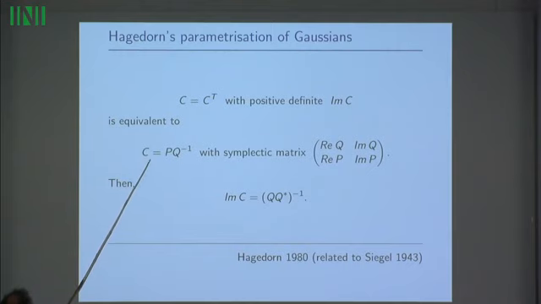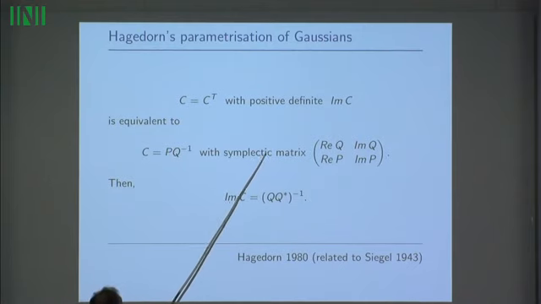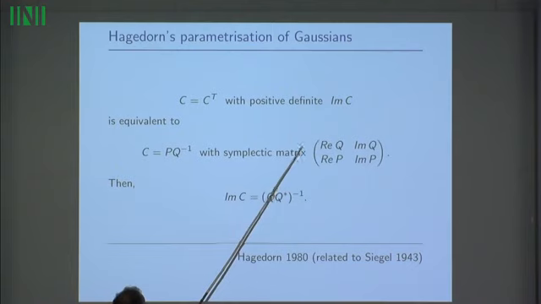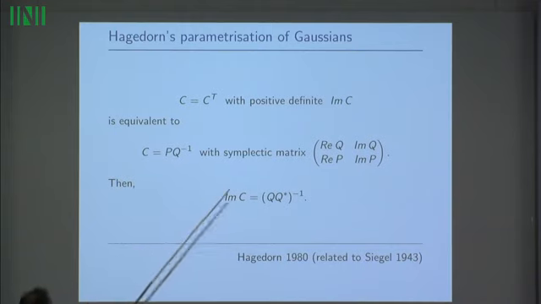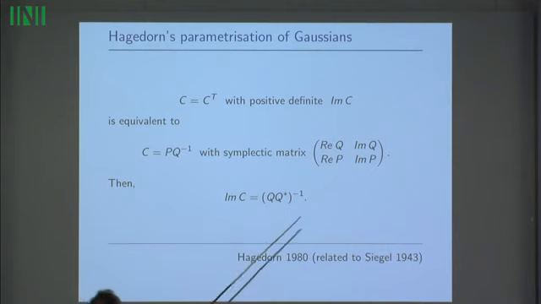Any such matrix can be factorized as P times Q inverse, with a symplectic matrix that is built up of the real and imaginary parts of the two factors. And moreover, the imaginary part of C, which determines the width of the Gaussian, is just the inverse of QQ star.